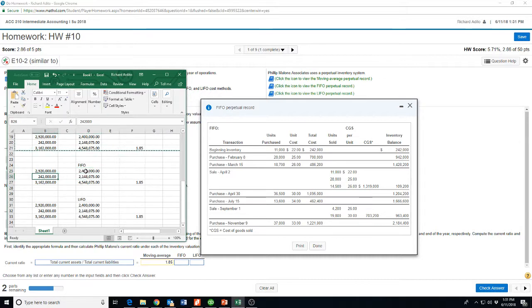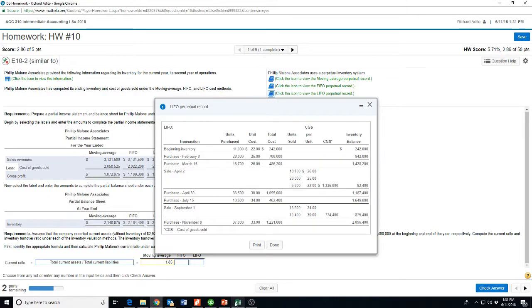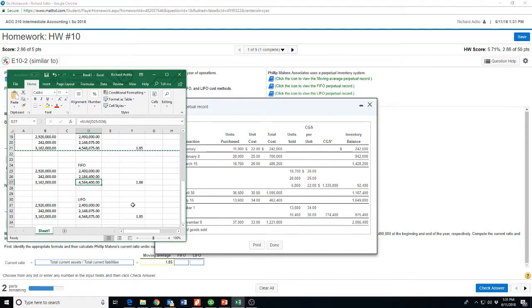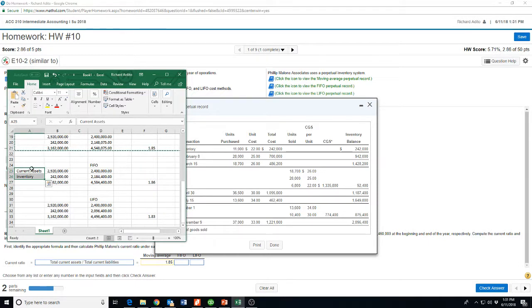Our ending inventory is all we need. Our ending inventory was 2,184,400. And then under LIFO, our ending inventory was 2,096,400. I should label these. These are current assets that don't include inventory, so I know what I'm looking at.